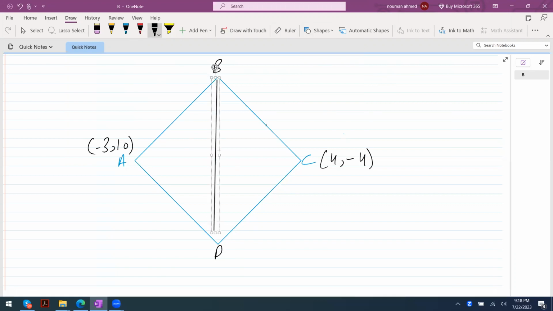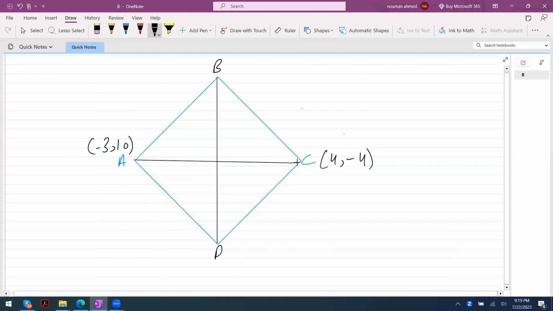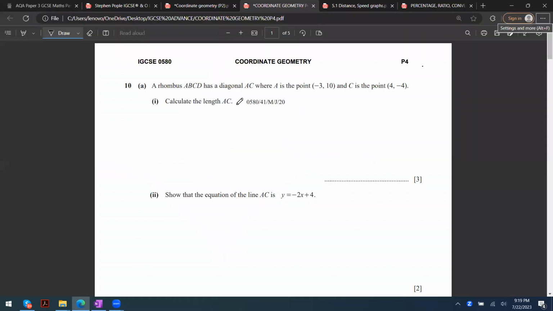Kite and rhombus both intersect at 90 degrees. Okay, all are at 90 degrees. So they are also perpendicular. They are asking us to find the length of AC.